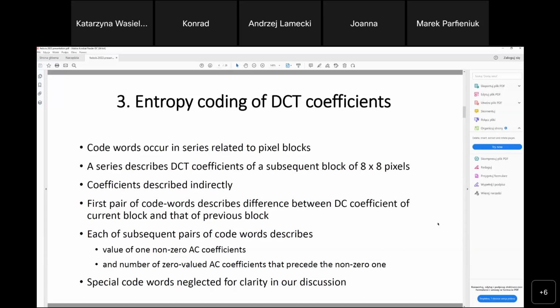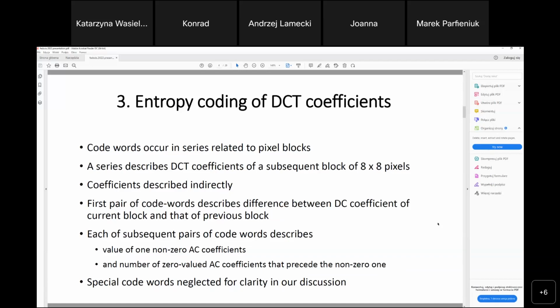Coefficients are described indirectly. Namely, the first pair of codewords describes not simply the DC coefficient, but the difference between the DC coefficient of the current block and the DC coefficient of the previous block.